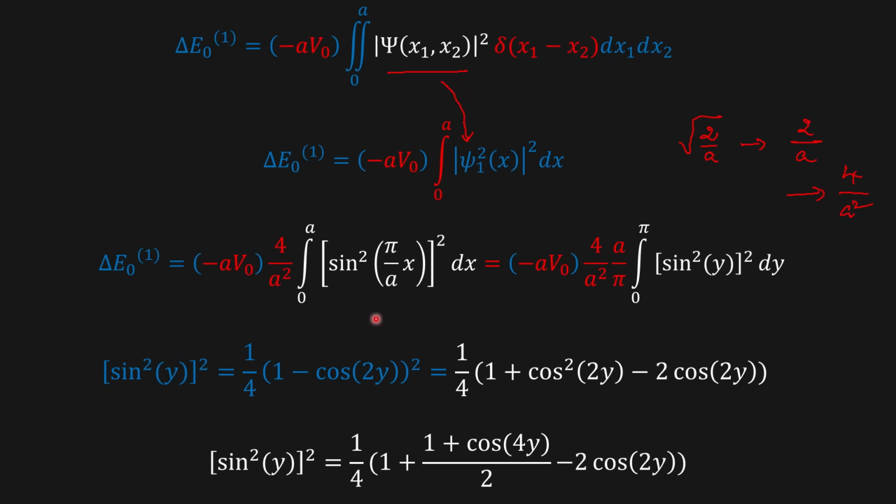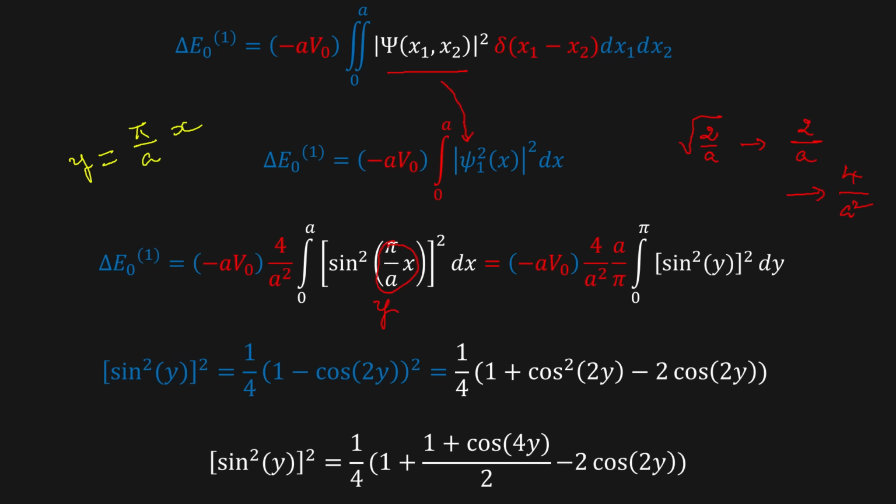Now you take this as y. That is, y is equal to pi by a times x.